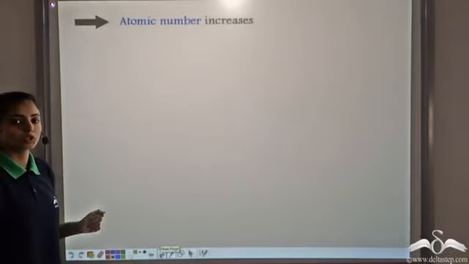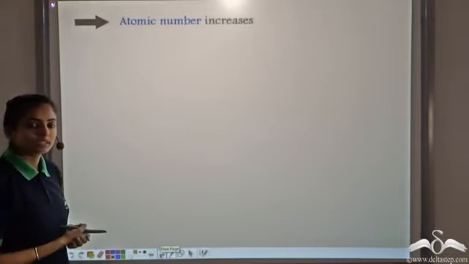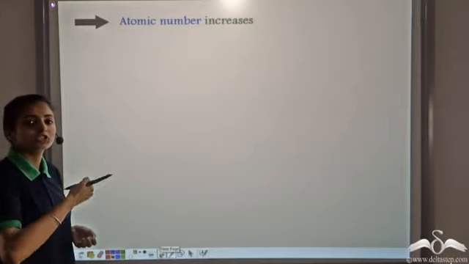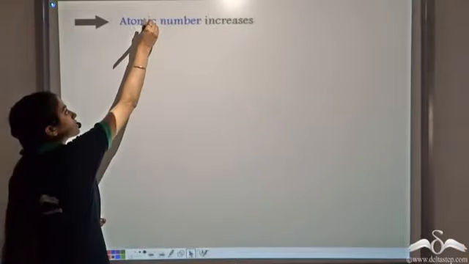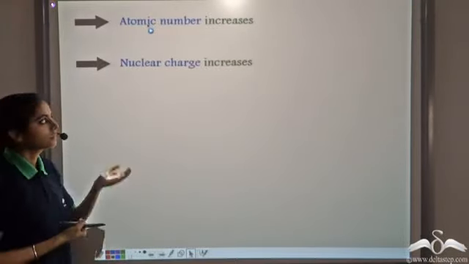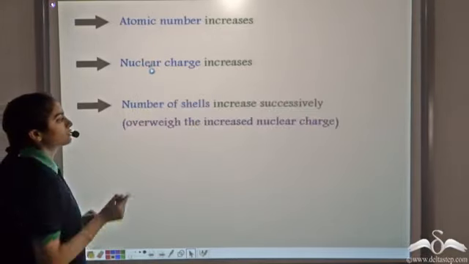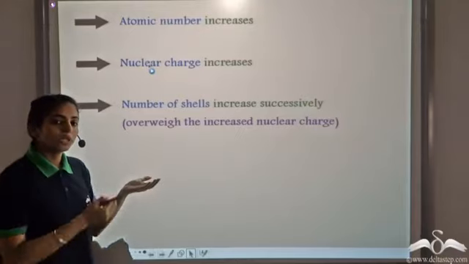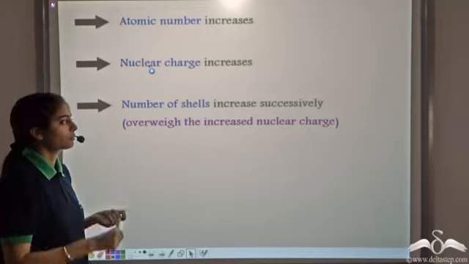So when we are moving from top to bottom in any particular group, we know the atomic number increases because the elements are arranged in the increasing order of atomic number. As the atomic number increases, the number of protons increases, and therefore the nuclear charge also increases. We know in any group, as we move from top to bottom, the number of shells increase successively.